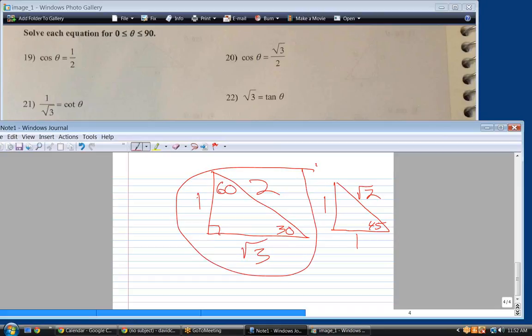Well, I shouldn't say it's never 90, but when we're looking at these 2 triangles, we're always going to be looking at either a 30, a 60, or a 45-degree triangle. So we're not into the quadrantal angles yet. The quadrantal angles are 90, 180, and 270.